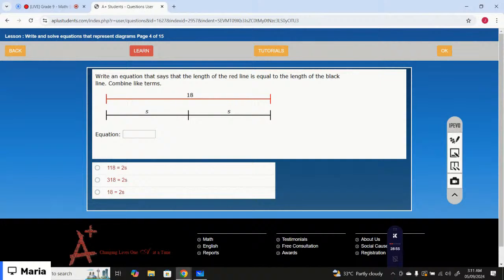That is 2s equals 18. Option number 3 is the correct option. Okay, you can complete the lesson by yourself later today. Let me just move on to the next lesson.